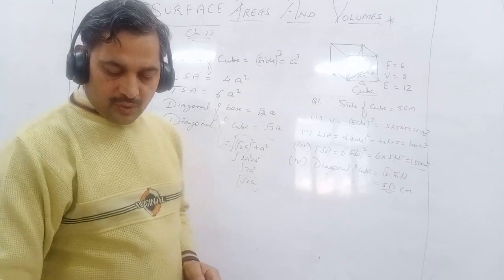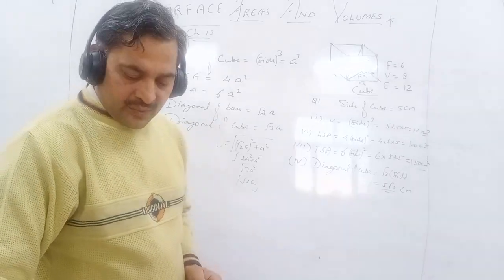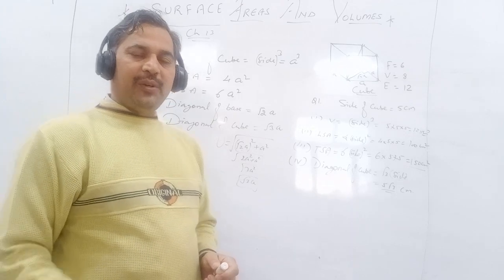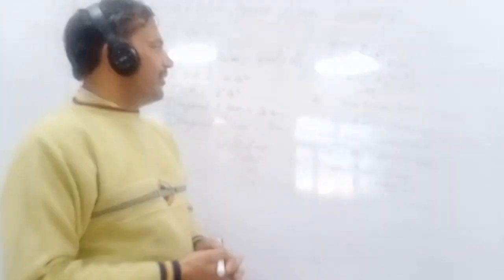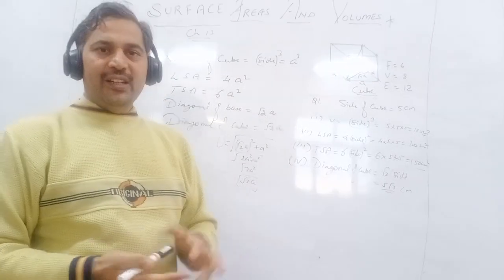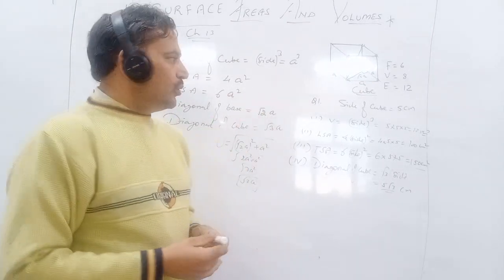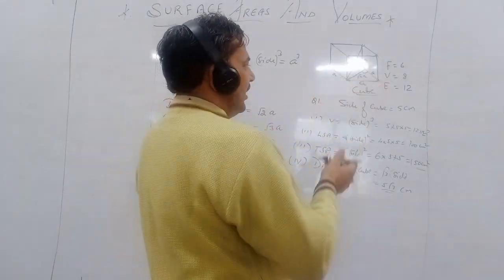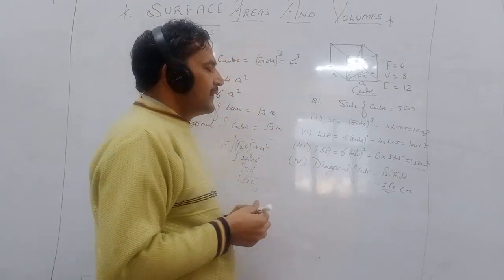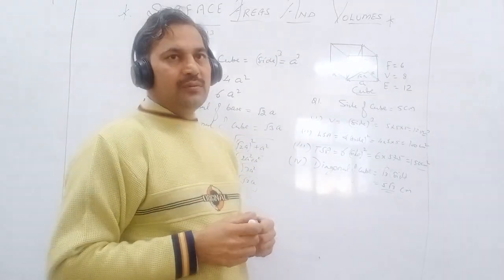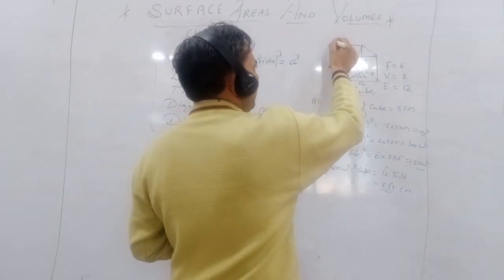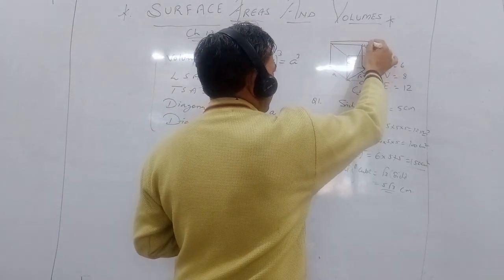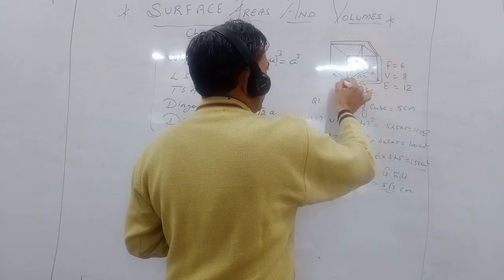Okay, beta? So I think it is clear. But sometimes some typical questions are also asked in the exam. If it is given any closed cube whose sides are given, and the thickness of the metal is also given, suppose 2 centimeter thickness is there, for example.